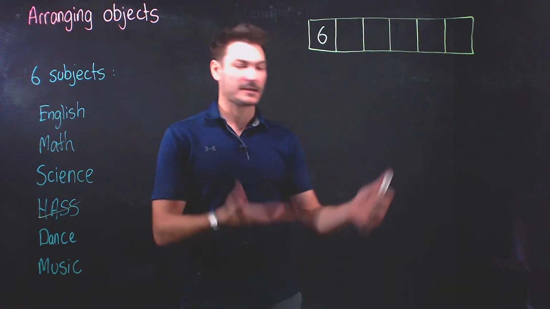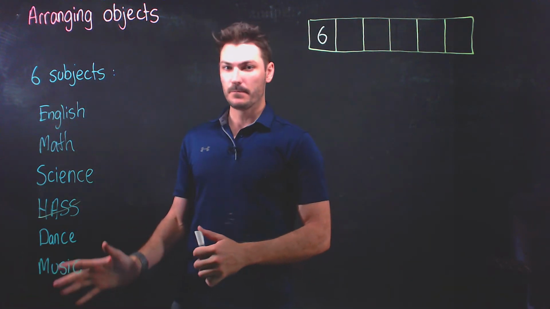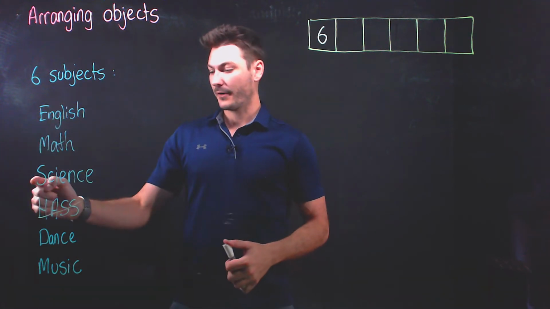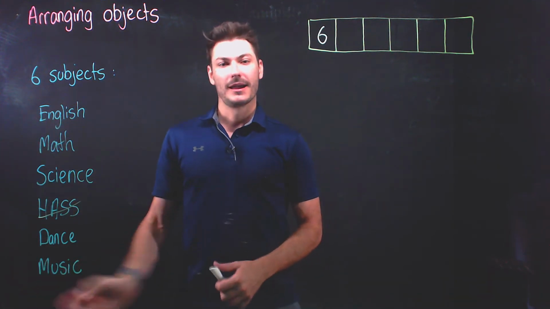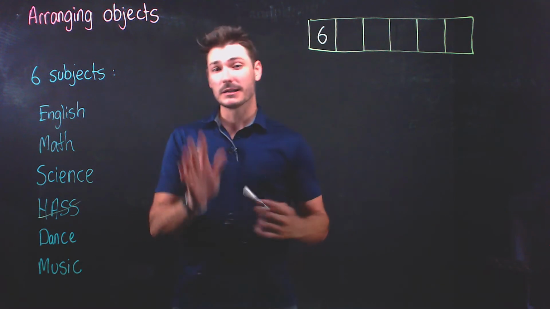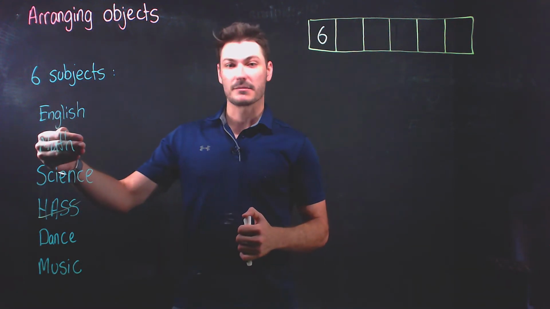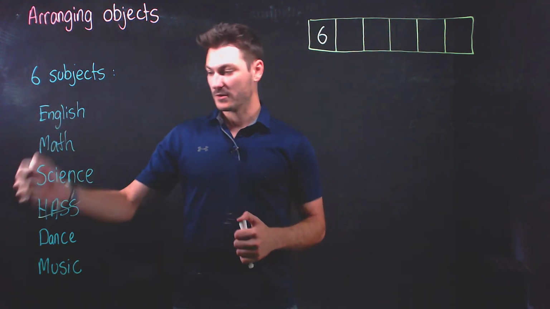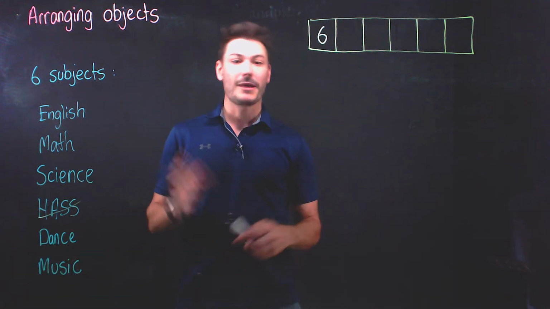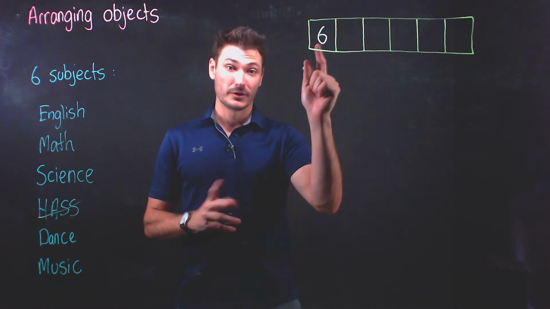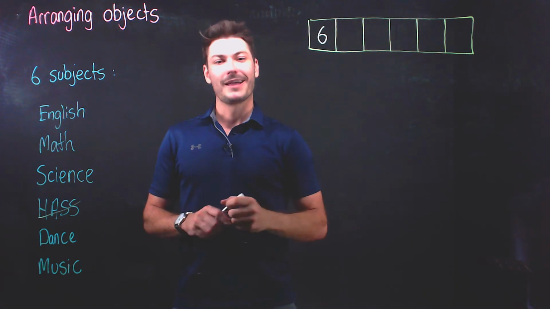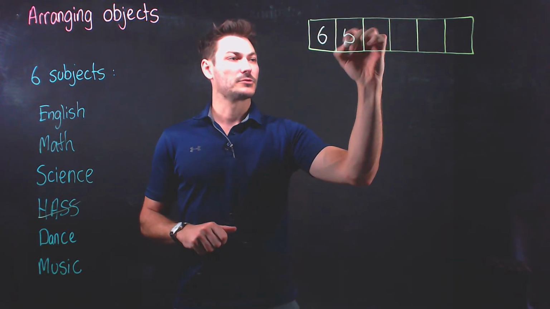Once we've picked the best subject, which by the way could be any of them, there are then 1, 2, 3, 4, 5 remaining that could be the second best, regardless of what we picked first, right? If we picked math as the best one first, then there are 1, 2, 3, 4, 5 remaining. So no matter what you picked as the first one, of which there were 6 options, for the second one there are only 5 options available to you.